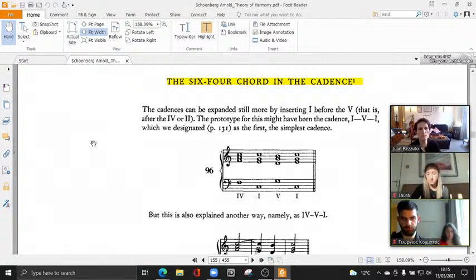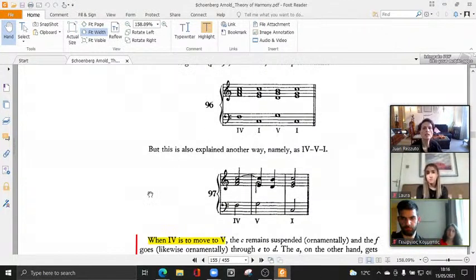So the cadences can be expanded still more by inserting a tonic before the dominant, that is, after the subdominant or the supertonic. The prototype for this might have been the cadence 4-1-5-1, which we designate on page 131 as the first cadence that we saw.